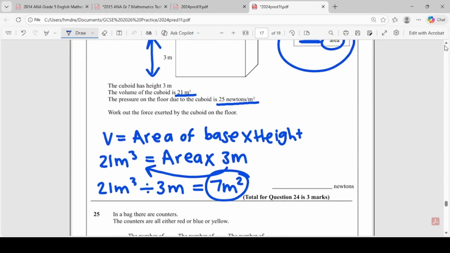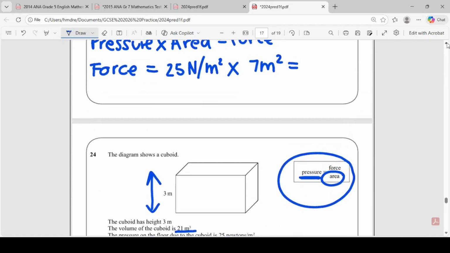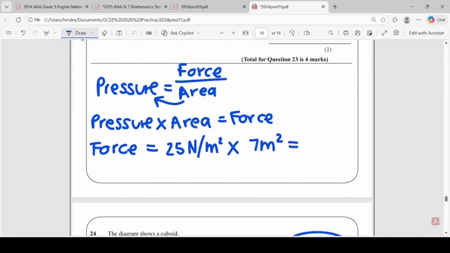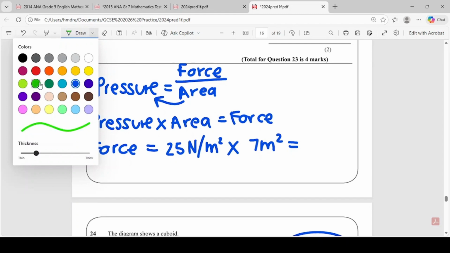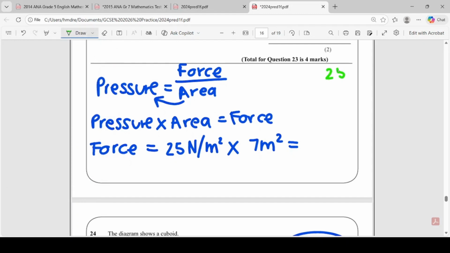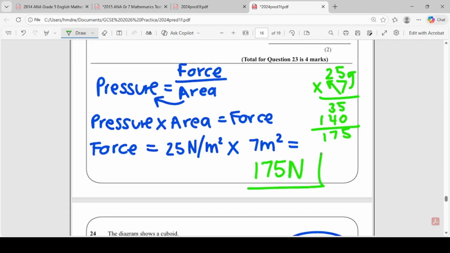Yeah, 25 times 7. If we work that out quickly, 7 times 5 is 35. 7 times 2 is 14. It's 5, 7, so 175. So it is 175 newtons is our force.